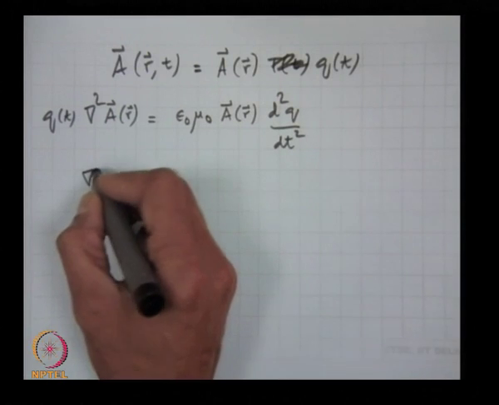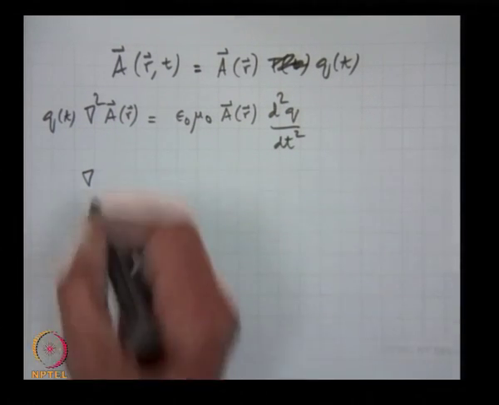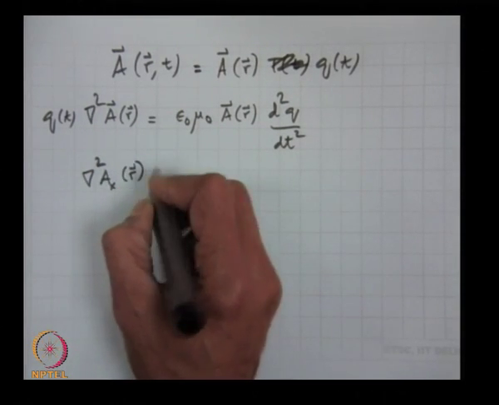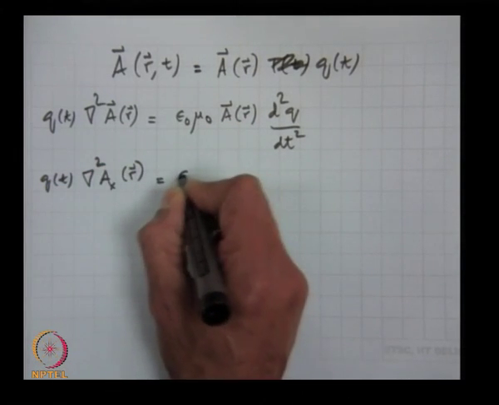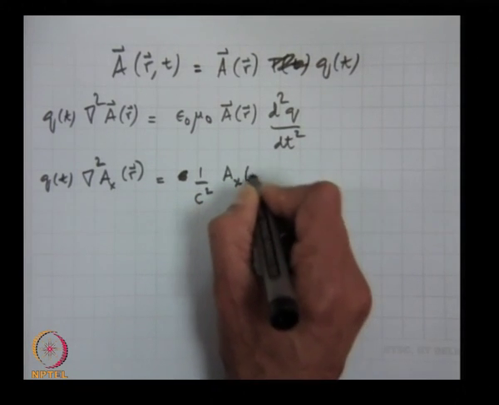So let me write, for example, one of the Cartesian components of this A vector. So I will have del square Ax of r into q of t is equal to epsilon 0 mu 0, which is 1 by c square, Ax of r times the second derivative of q.